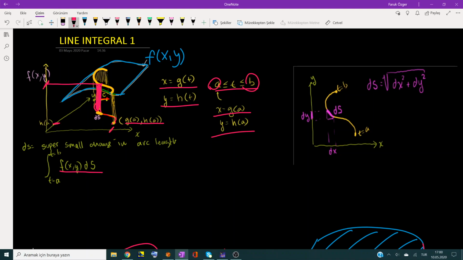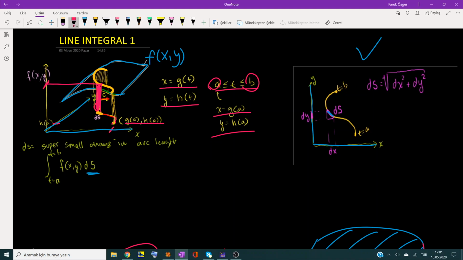So the remaining part is how do we compute ds here? What is ds? Now let's look at this graph. Let's say this is ds, the same ds here, and this is our x-axis, this is the y-axis. From here, this is x, this is y, and ds is there.